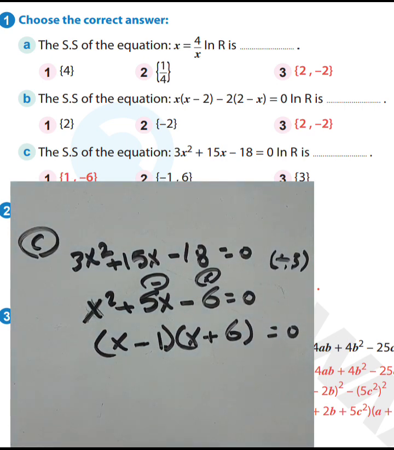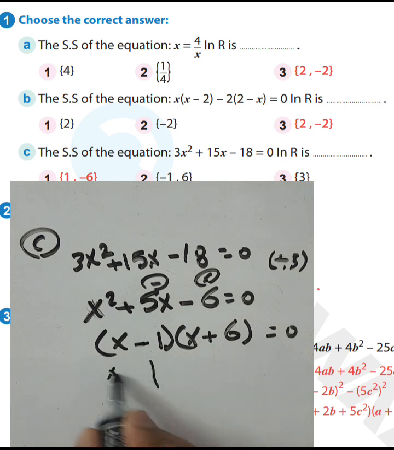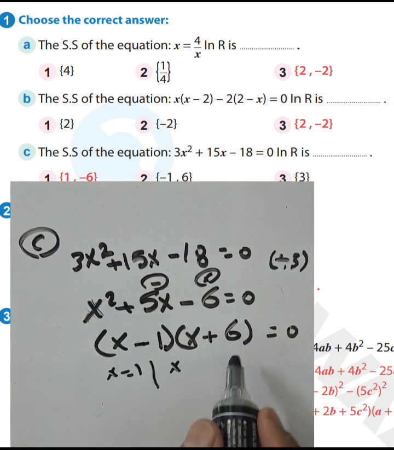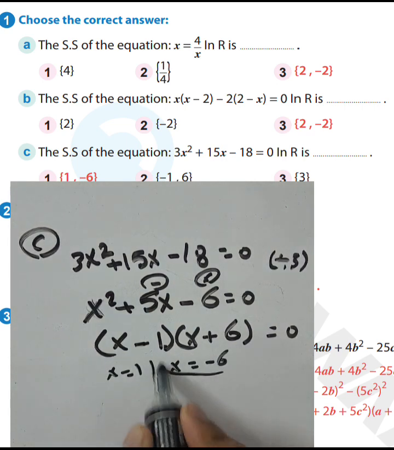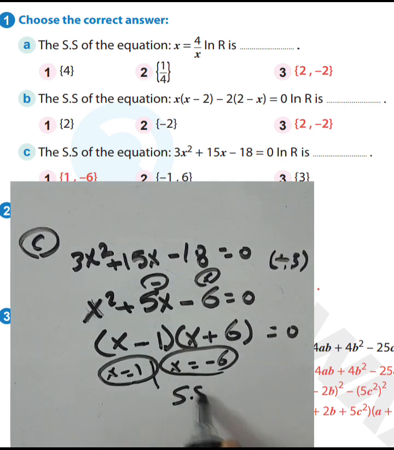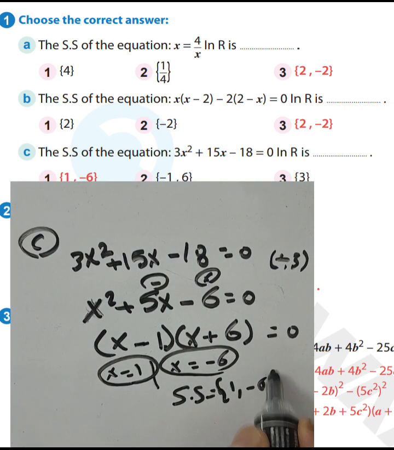Then x minus 1 equals 0, so the value of x equals 1, and x plus 6 equals 0, so x equals negative 6. Then the solution set is 1 and negative 6.